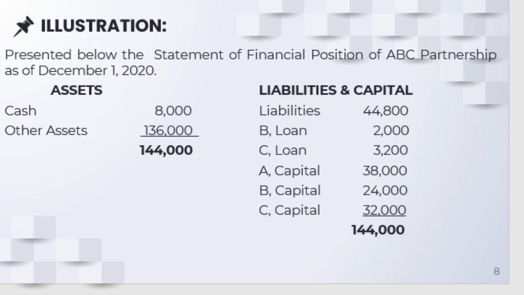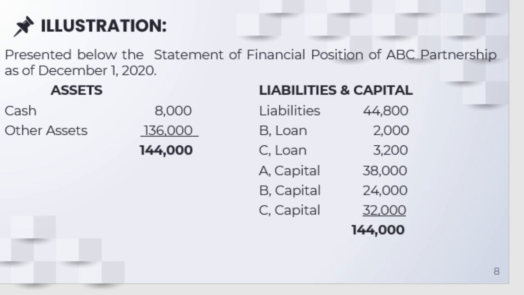Now, let's go to our illustration. Presented below is the statement of financial position of ABC Partnership as of December 31, 2020. So, given yung kanilang assets, again, all assets other than cash are considered other assets. Ito yung accounts receivable, inventories, PPE, and so on.